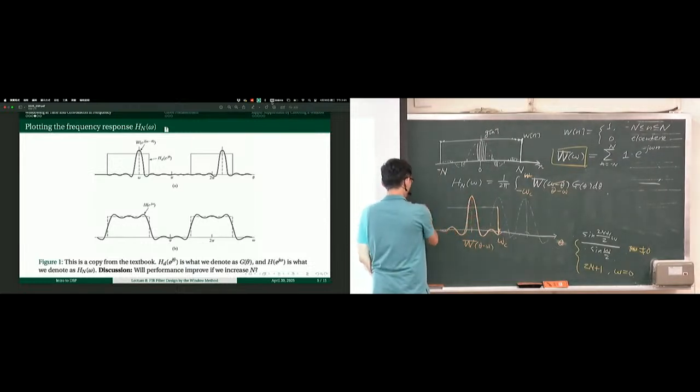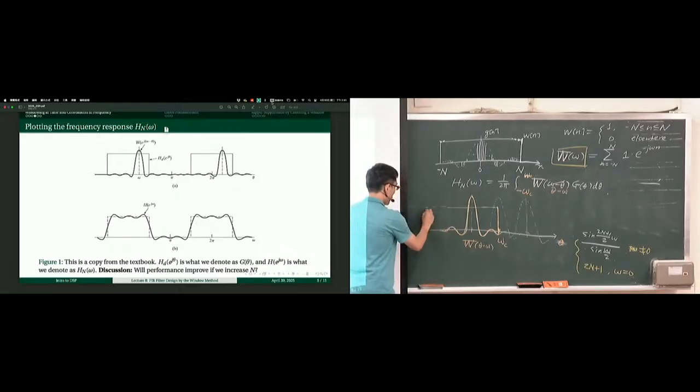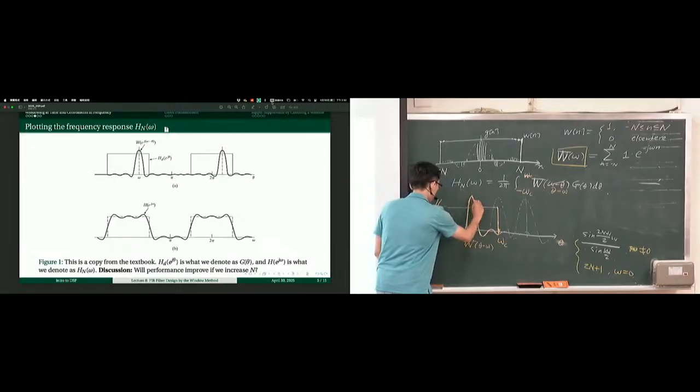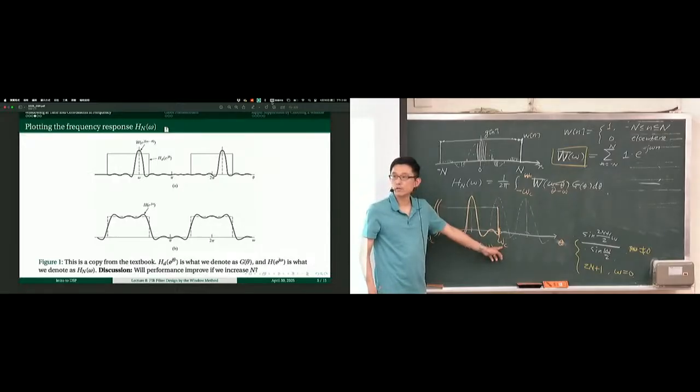I'm running out of space, but let's say here is the negative frequency part. So we are going to evaluate this integral within this range, from minus cutoff frequency to plus cutoff frequency.